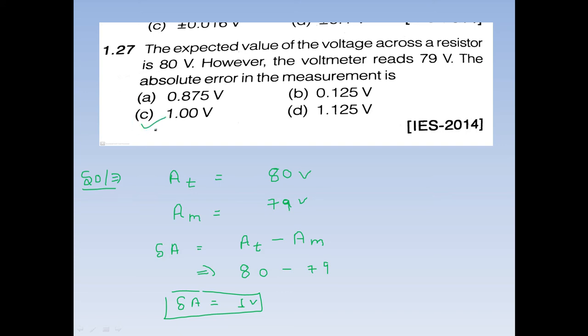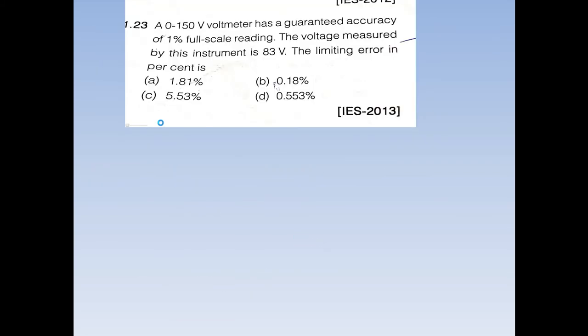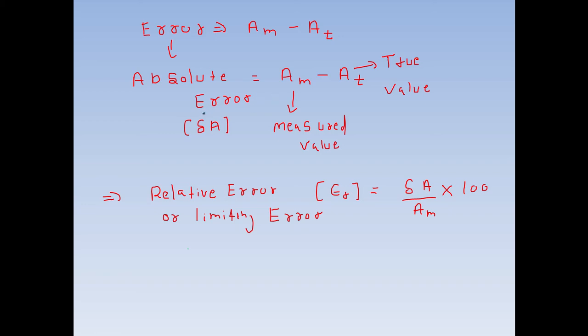If you look back at the previous slides, this is absolute correction. If you want to correct the error, then it is measured minus true, whereas absolute error is true minus measured value.